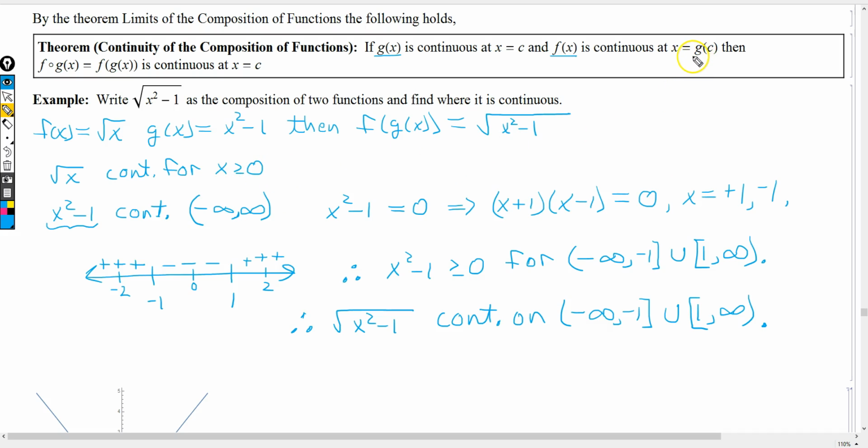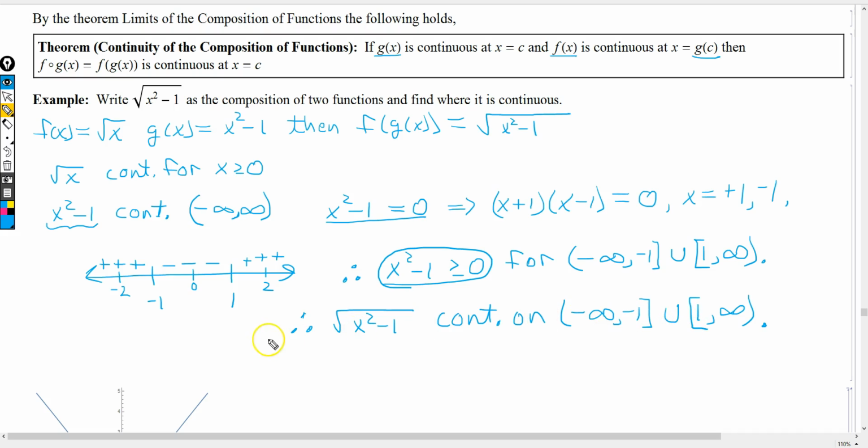So we had to find where the g, in our case, was greater than or equal to 0. And so that's exactly what we did, you see. We set the g right here, greater than or equal to 0. And then we found what x values made it greater than or equal to 0. And that's going to be where our composition function is going to be continuous.